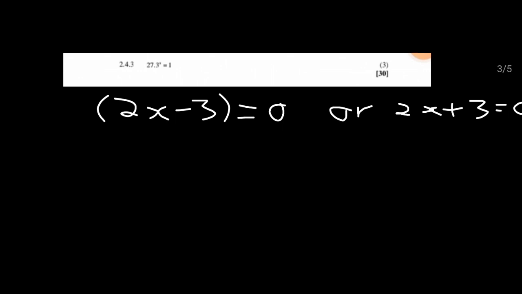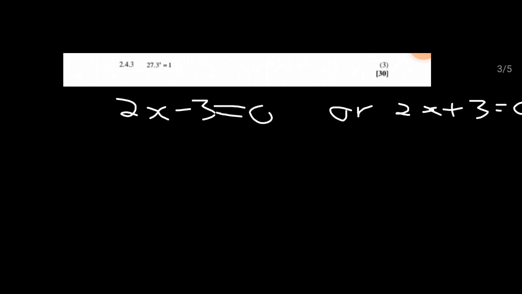And then I solve for x, I have the first equation, I have the second equation, and I solve for x. Remember brackets are necessary because I want something multiplying here. This is just 2x minus 3 equal to 0, or okay, I can write brackets. The brackets are necessary.